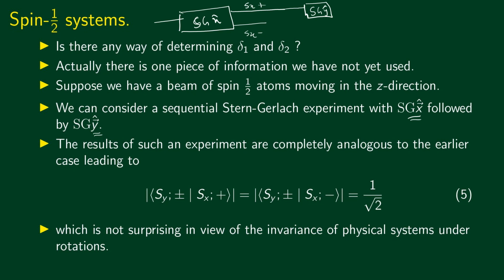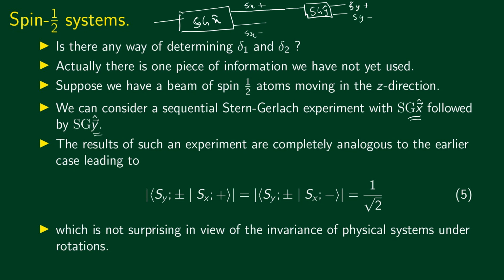What do you expect? Naturally, you expect two beams coming out of it, one corresponding to eigenvalue plus h bar by 2 and the other to eigenvalue minus h bar by 2. In other words, if I send this Sx plus beam into an SG y hat apparatus, I get a set of atoms characterized by Sy plus and another set characterized by Sy minus.